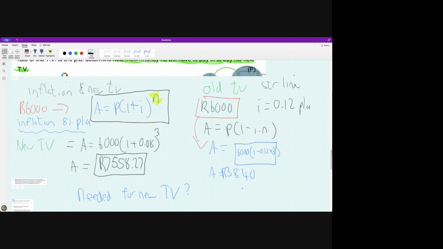I think I just go 7,558.27 minus 3,840. And I need 3,718.27 rands. Give me a happy face if you are in the same place as me.